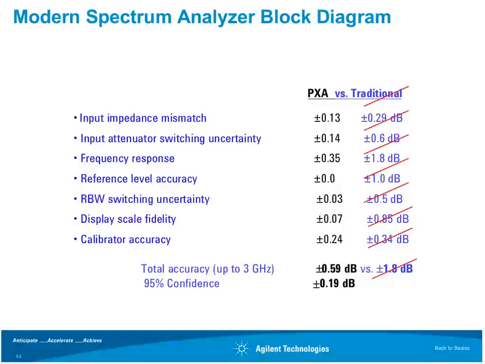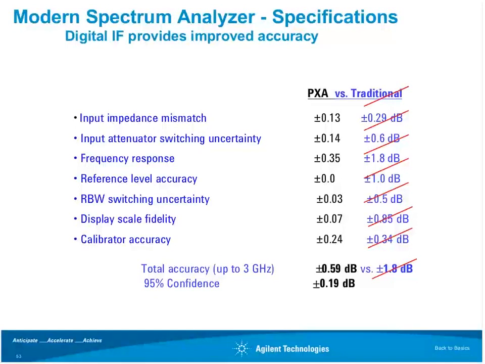tremendously. So with our high-performance PXA analyzer, you can see that things like the switching uncertainty and frequency response have been improved dramatically. And things like reference level accuracy have essentially gone away, whereas in the past we depended on analog circuits to set that reference level.